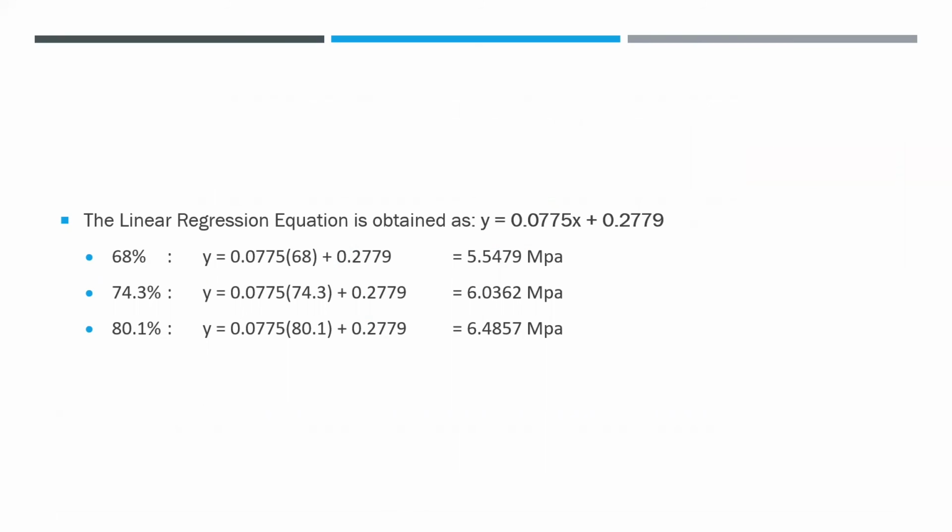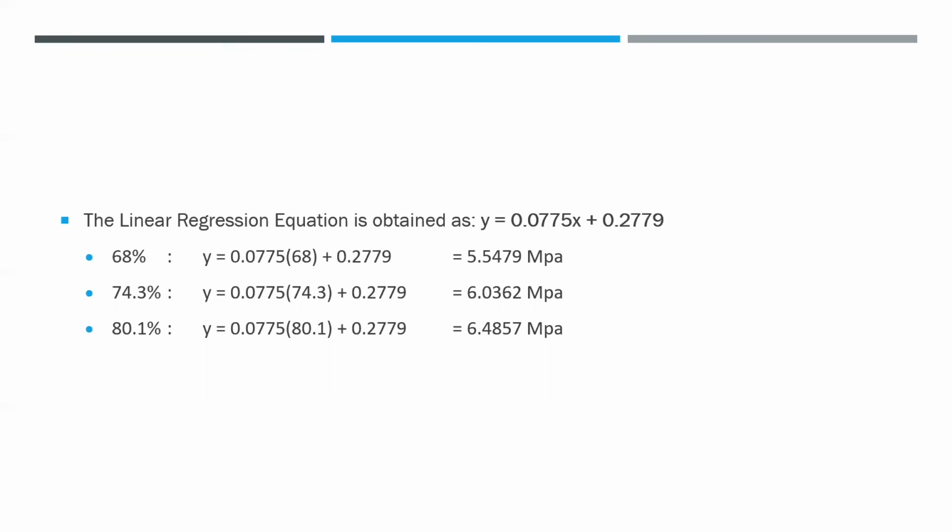To get the tensile strengths of the relative densities given, just substitute into the x in the equation.